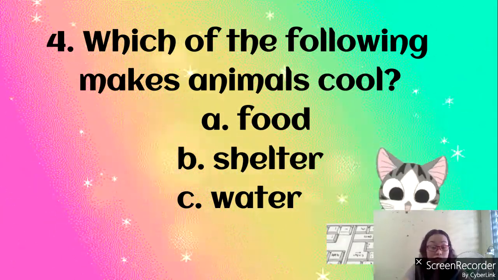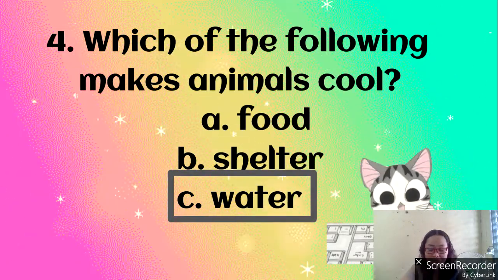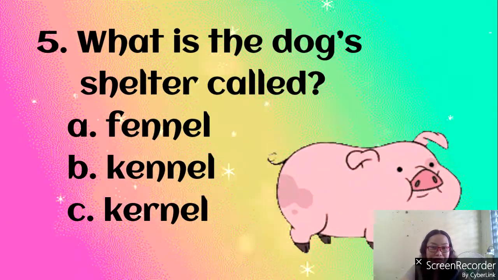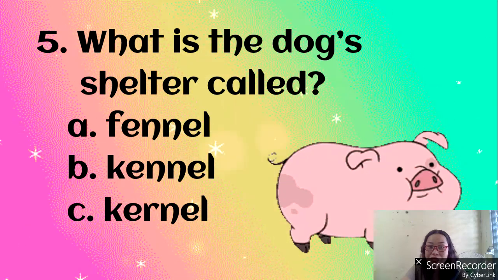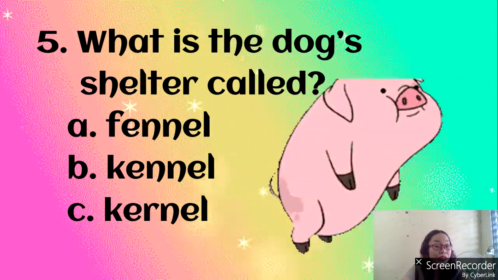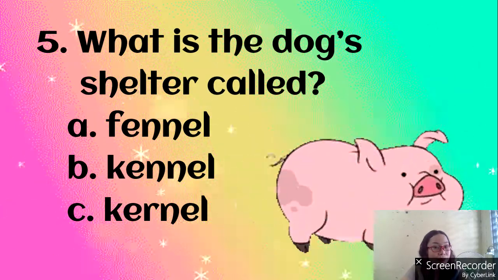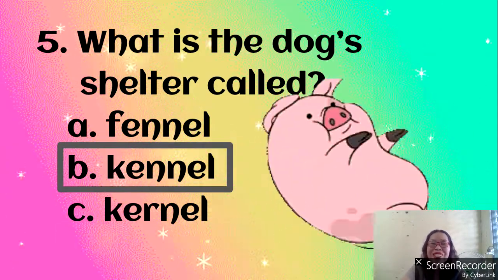If your answer is C. Water, then you are definitely correct. Question number 5. What is the dog's shelter called? A. Pennel, B. Kennel, C. Kennel. If your answer is B, then you are correct.